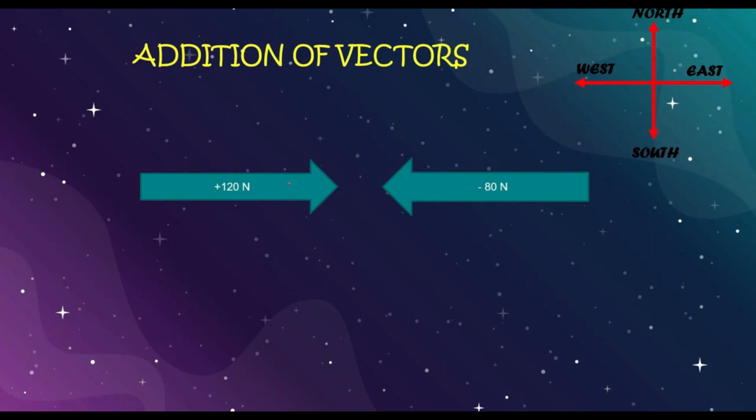In that case, they will get subtracted and the resultant will go in the direction of the largest force. So the final magnitude of the resultant force will be less. It will be 120 minus 80, 40 newton, and the direction will be towards east.